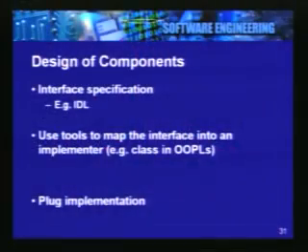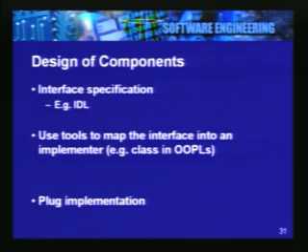So component systems such as CORBA give you an interface specification language called interface description language, IDL. Using the IDL you can define the interfaces of your components, and then you have to use tools to map this interface into an implementer, and then into the implementer you have to plug the implementation.